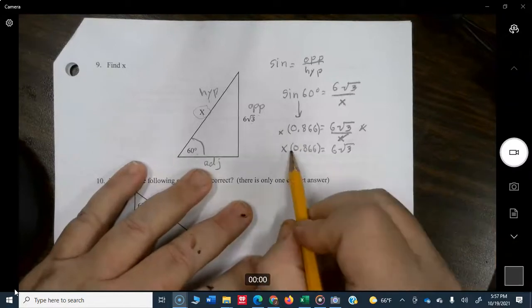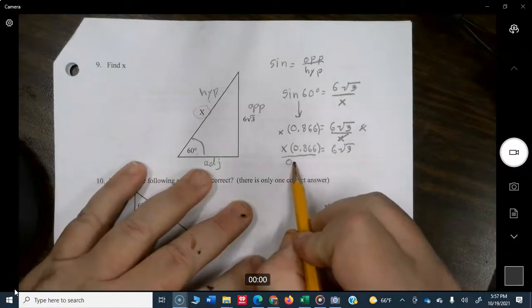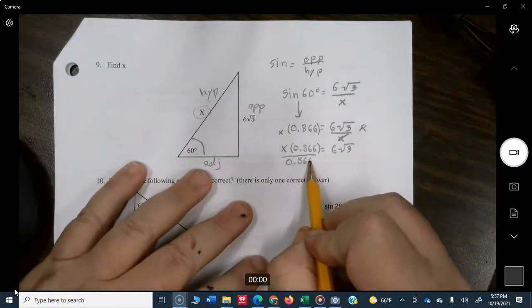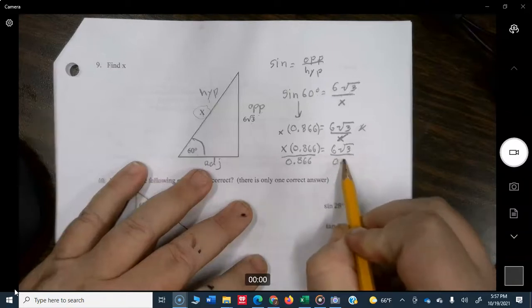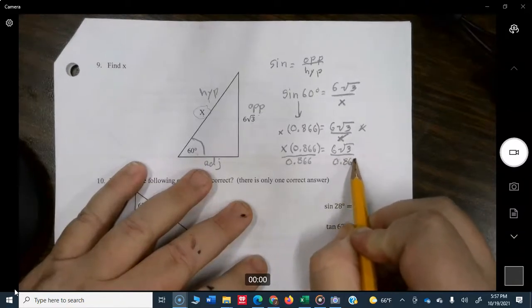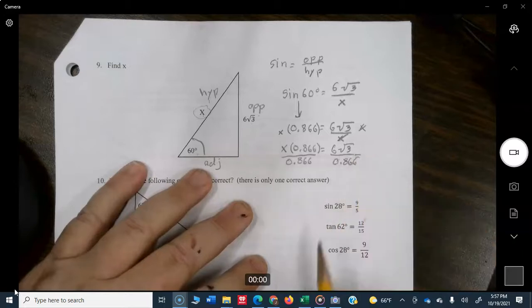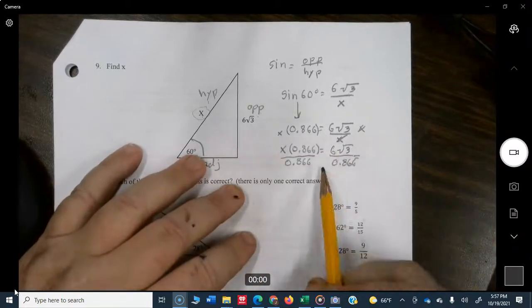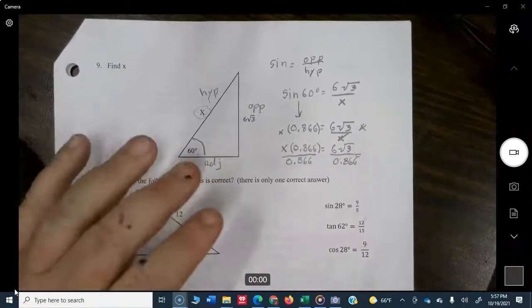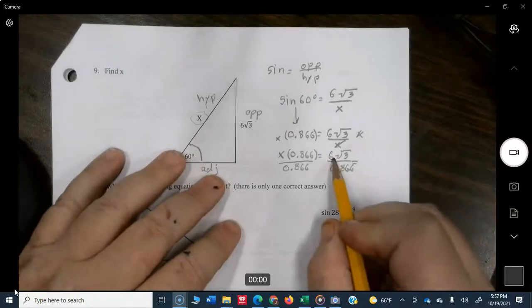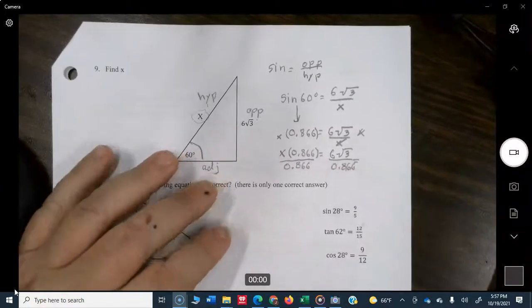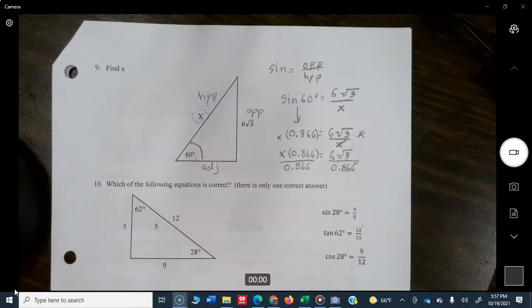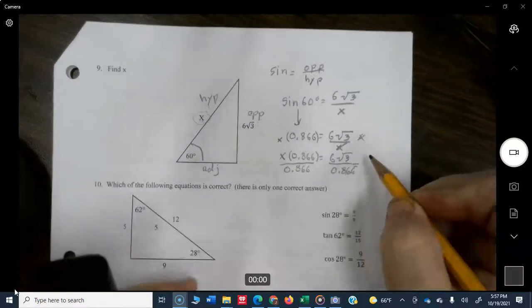To get x by itself, we divide both sides by 0.866. If you went ahead and solved everything and gave me just a final number, that's okay. But I'm simply going to divide 6 by 0.866, and I'm going to leave the root 3 as a root 3.